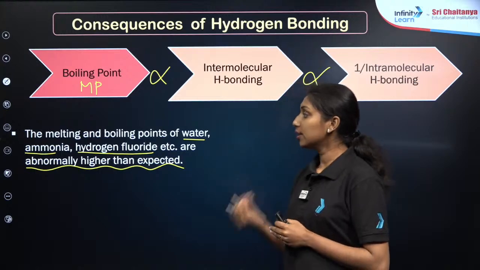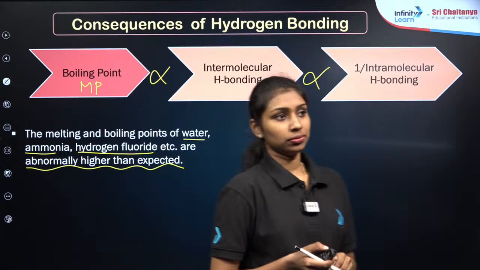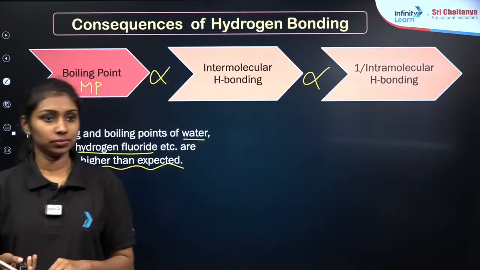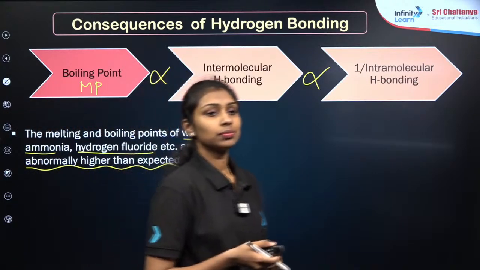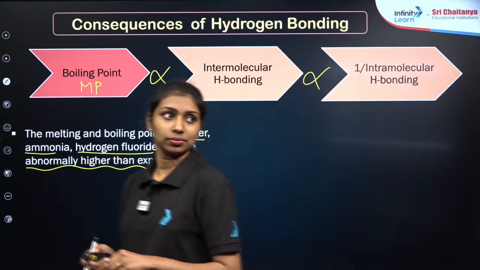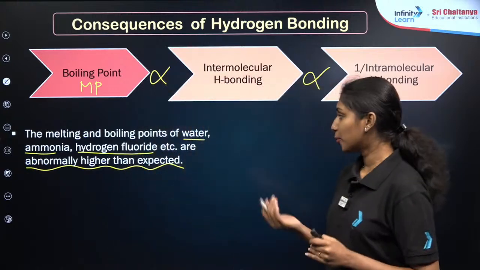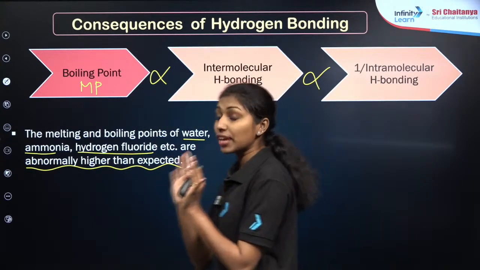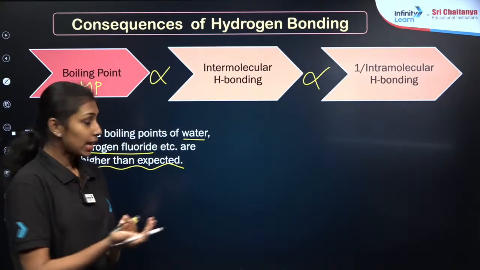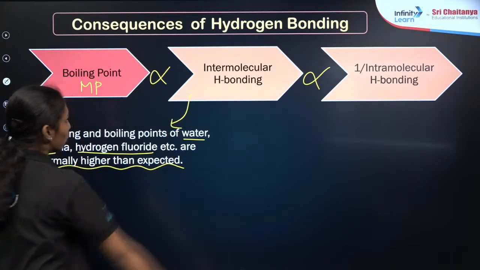If you are taking water, ammonia or hydrogen fluoride molecules, there is the presence of intermolecular hydrogen bonding. As the intermolecular hydrogen bonding increases, the boiling point and melting point also increase. That is the reason, due to the presence of intermolecular hydrogen bonding.